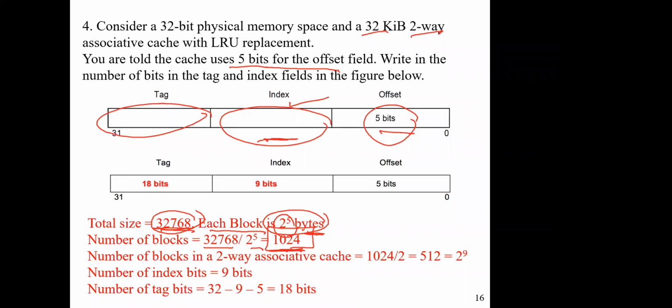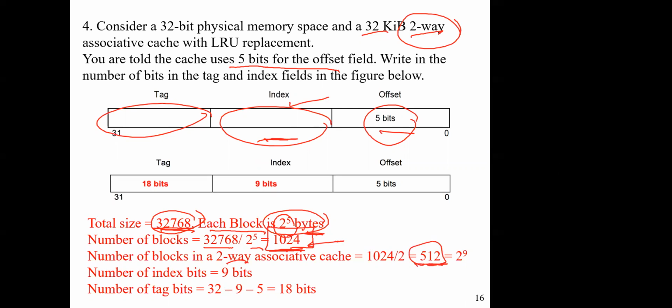But the trick is, I told you that this is two-way associative. What does it mean, two-way associative? That I will combine each two into one set. So if I would like to know the new number of sets, it will be basically this number of floors divided by 2.